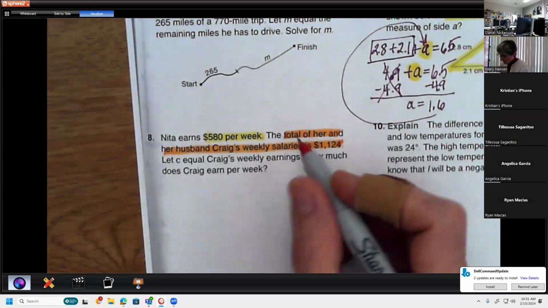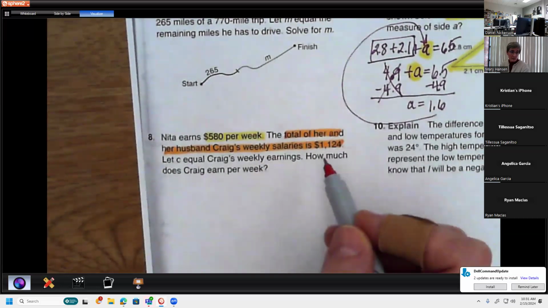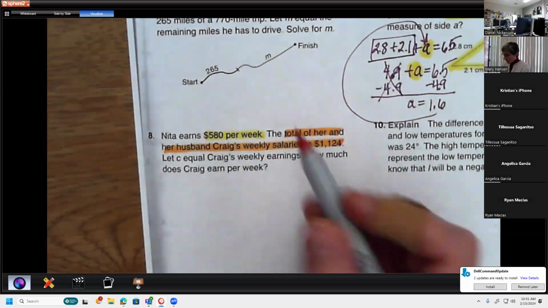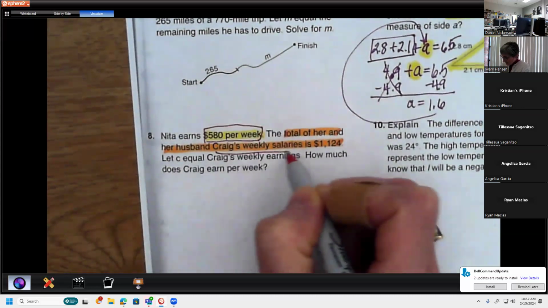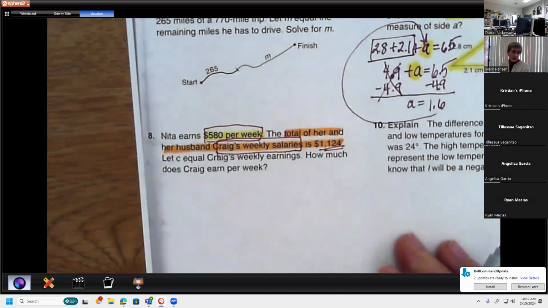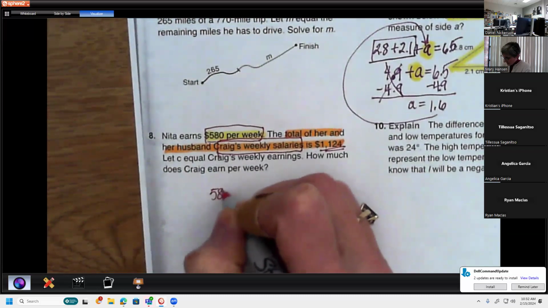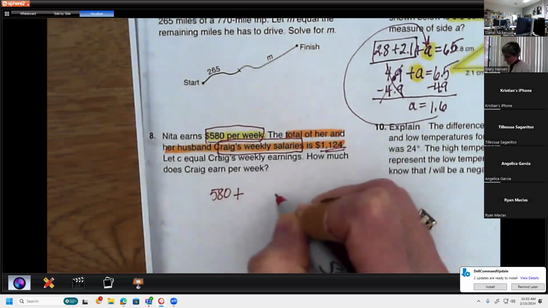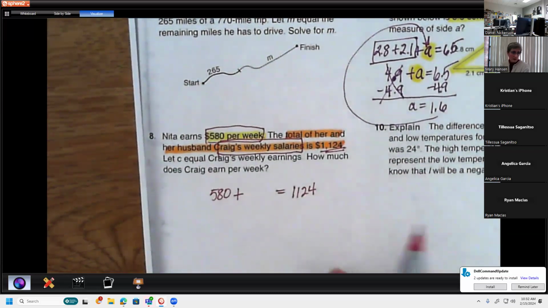So when it says the total of her and her husband Craig's weekly salary, that means when we add her salary plus his salary, we equal that much. So if I add her salary plus his salary, I'm going to get $1,124.